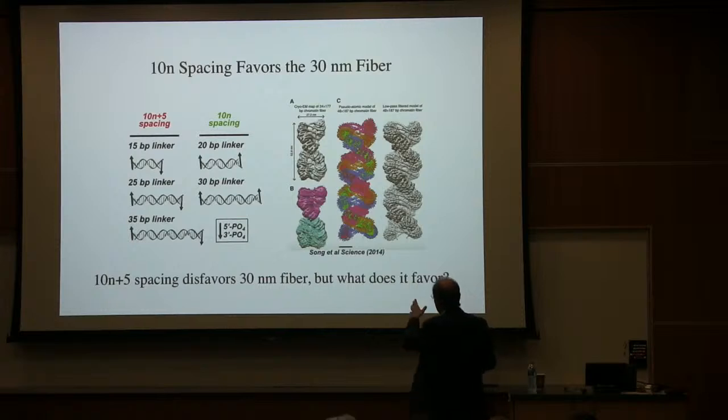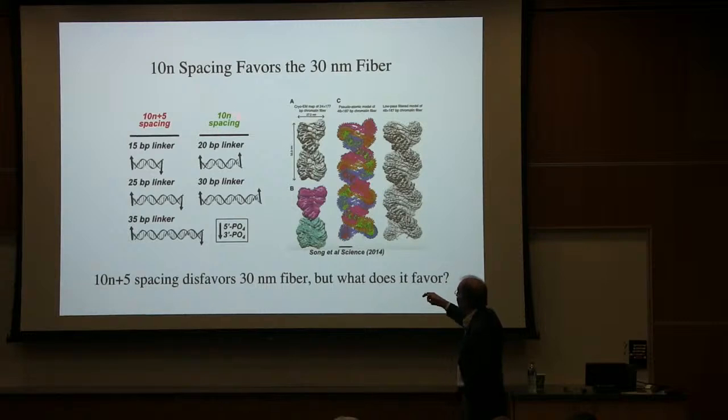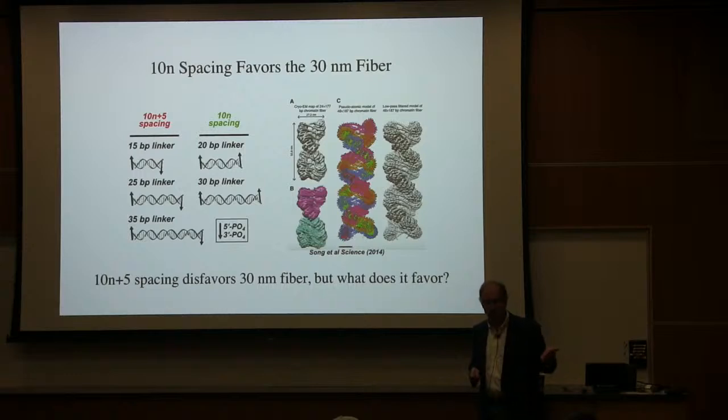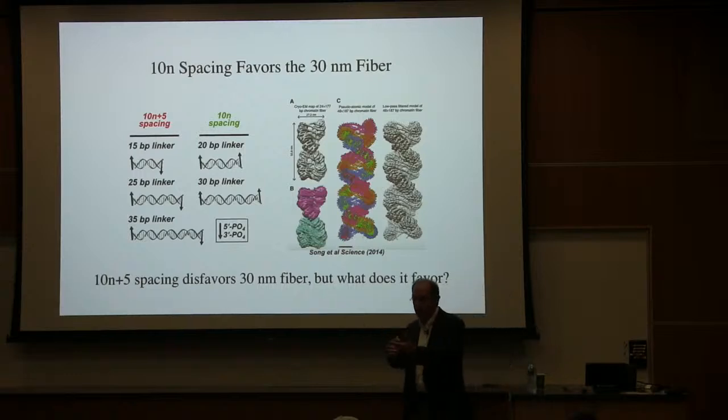Now, the structural biology that's been done, crystallography and cryo-EM, has been done on the 10n spacing arrays. And what one sees there are these beautiful 30 nanometer fibers, where every other nucleosome stacks on itself. So 1, 2, 3, 4, 5. So even ones stack on themselves, odd ones stack on themselves. So the 30 nanometer fiber is made with 10n spacing, but that's the one that's disfavored in cells. So the question is, what is different about 10n plus 5 spacing?